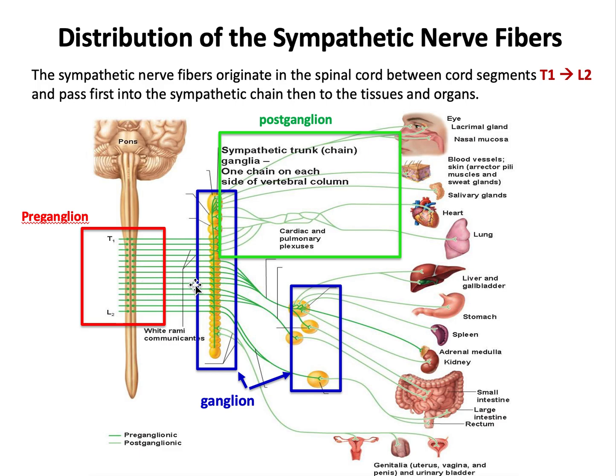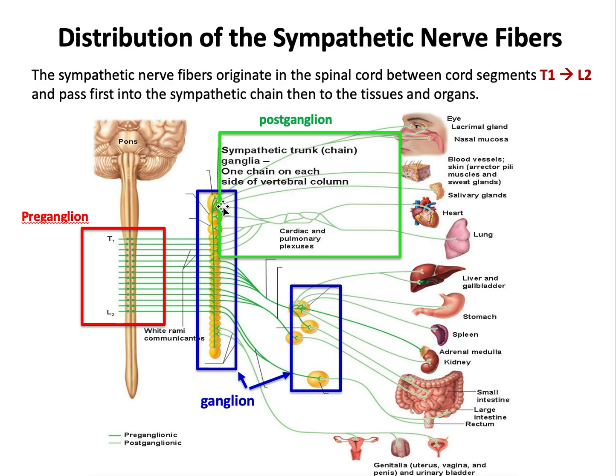Then they go out, and very quickly they enter a specialized structure called a sympathetic chain ganglion. We talked about ganglia being masses of cell bodies located outside of the CNS. Well, this is just a specialized structure of a chain.